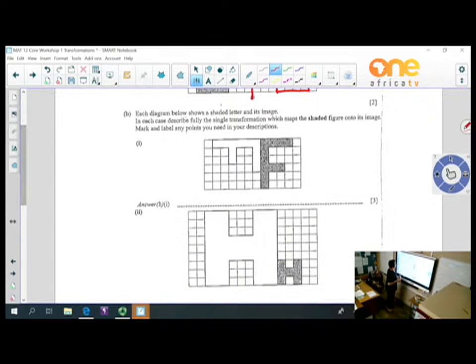The next one is the letter, and it shows a shaded letter, and this is the image. You must also read that carefully. In each state, there we get that question. Describe fully the single transformation which maps the shaded one onto this one. So this we can see is a rotation. This is a rotation.